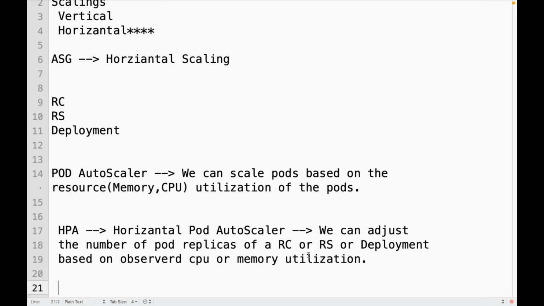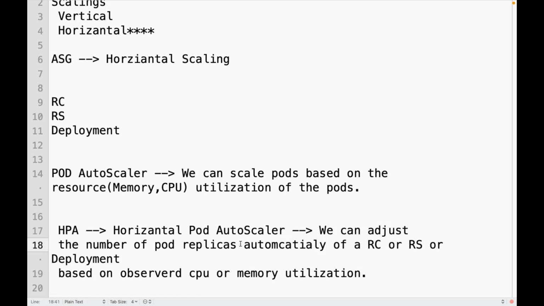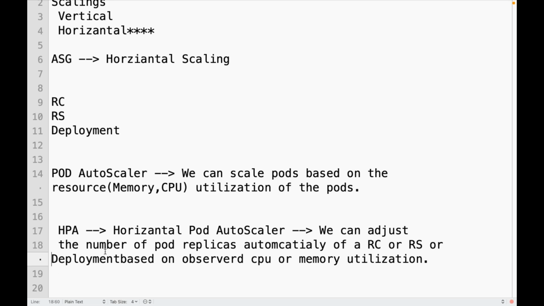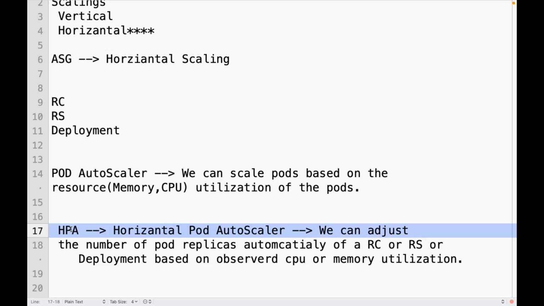Based on the observed CPU or memory utilization, we can adjust the number of pod replicas automatically. Instead of us changing the replica number of an RC, RS or deployment, who will change that replica number programmatically in the background? If I use HPA, instead of me changing the replica number of a deployment manually, it will be done in the background by this controller, the horizontal pod autoscaler.